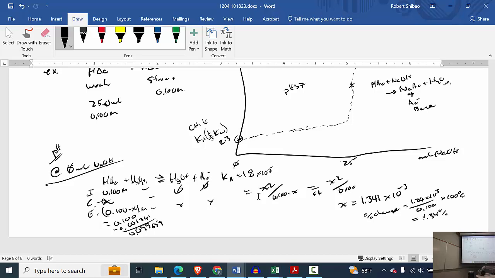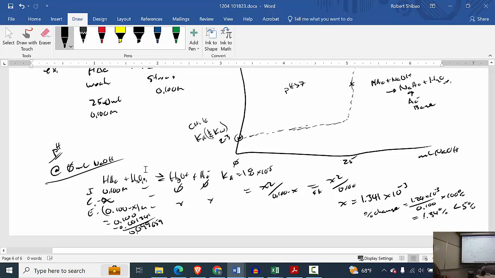It's kind of big, but it's still less than 5%. As it gets bigger, closer to 5, you might consider using the quadratic instead. Some of the earlier percent changes were so small.